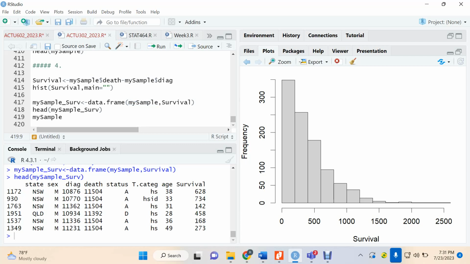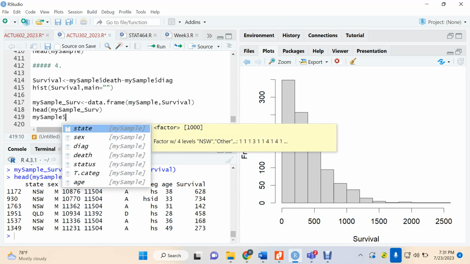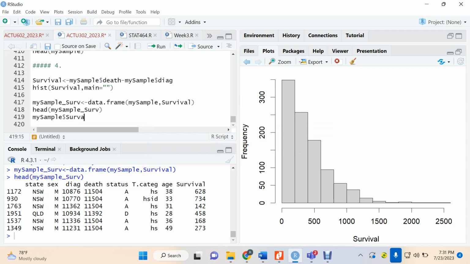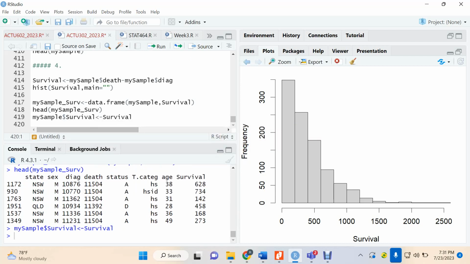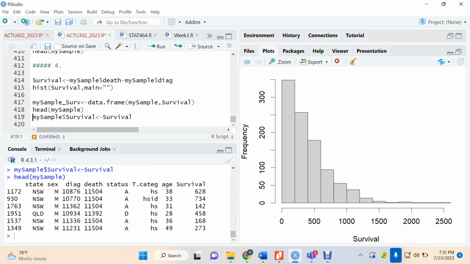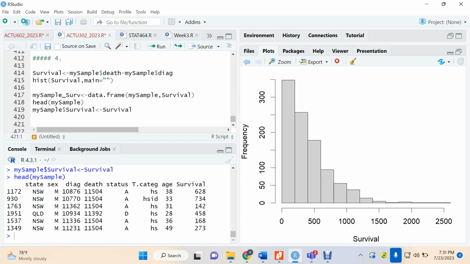So you could have called this and then done, let's say, survivor, and then you assign the survivor to it. So that's nice. So now if I do this, survivor is there. But remember the main one, the survivor was not there. So that's another way to go about it. Okay, good. So let's move on so that we finish early.